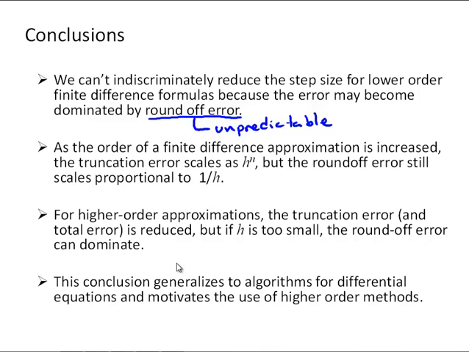So as the order of finite difference approximation is increased, we know that truncation error scales as h to the n. So a fourth order method would scale as h to the fourth, but the round-off error still scales proportional to 1 over h.